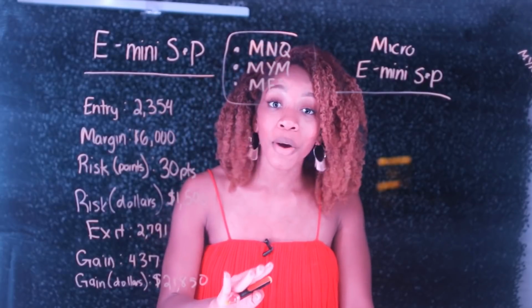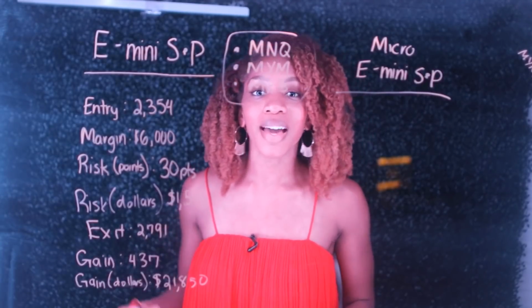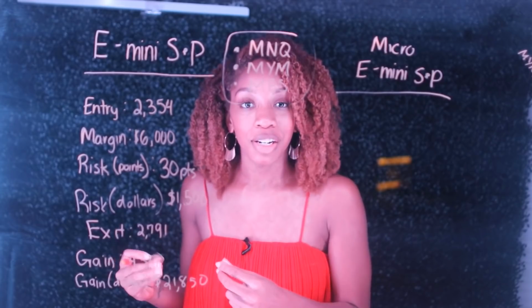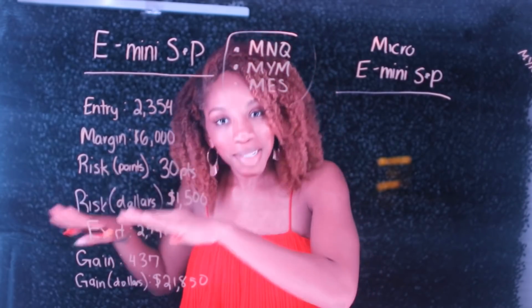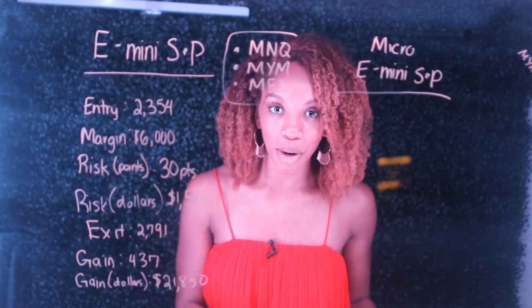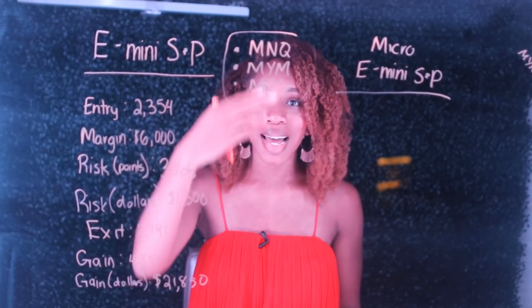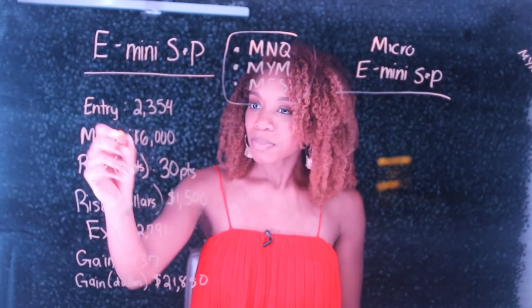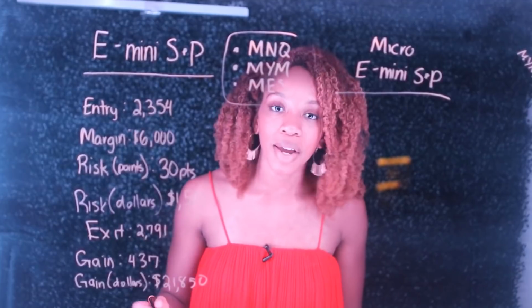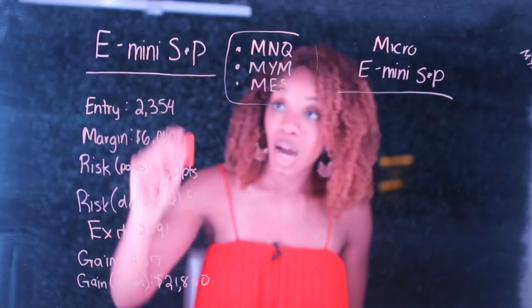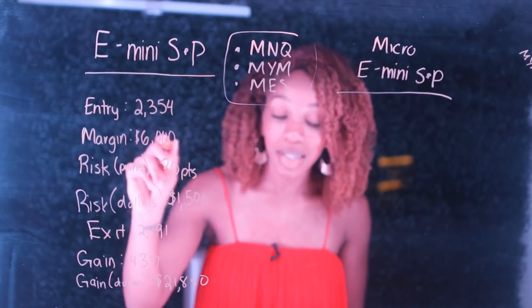But that's not the best part. The second part that we like is the fact that you have less capital that is required for your margin. So when we're talking about trading the NASDAQ, the YM, the ES, right? I even have the S&P as an example right here. The margin for one contract of the S&P is going to be 6,000.